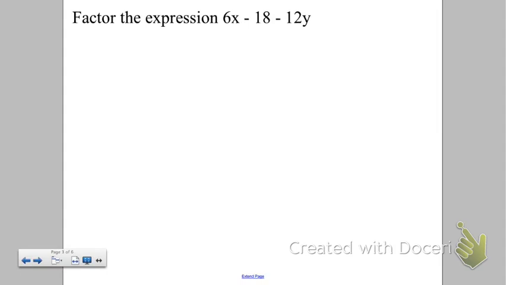And the last question: factor the expression 6x minus 18 minus 12y. Take a second to copy down the question. Even though there are 3 terms, this is the same process. We're going to determine our greatest common factor of all 3 terms: 6, 18, 12.